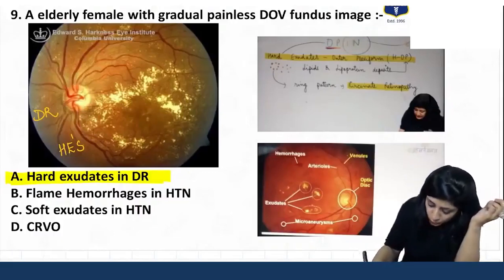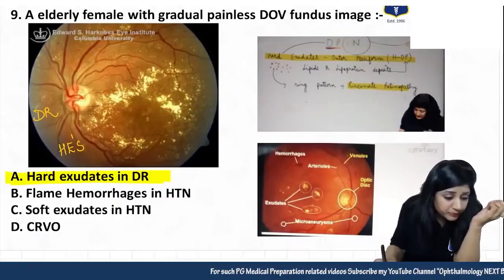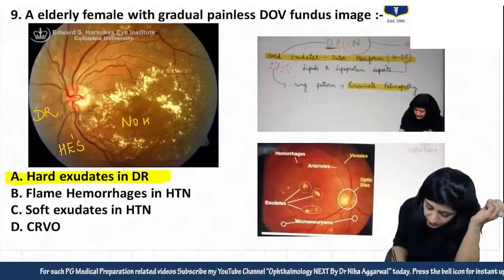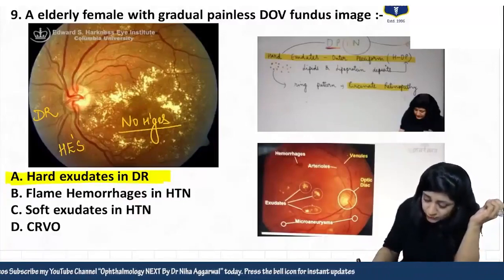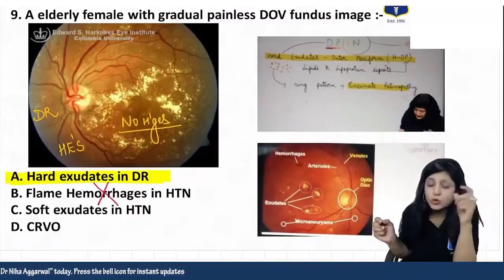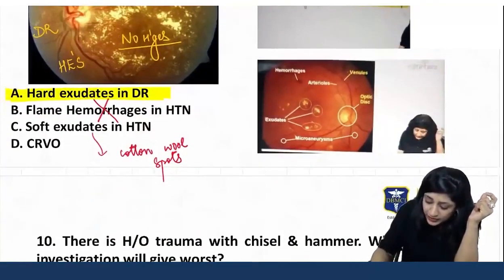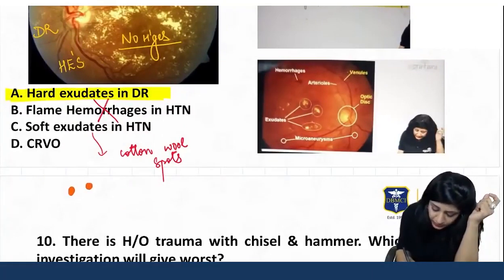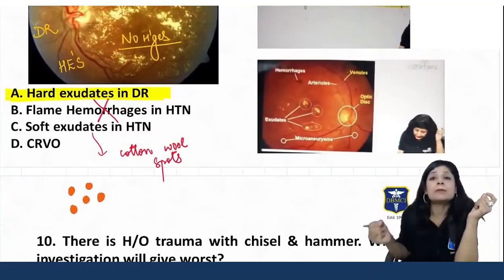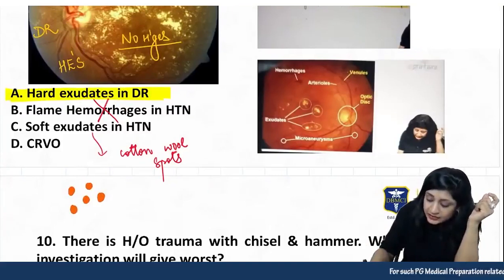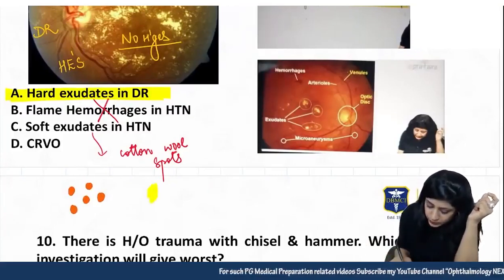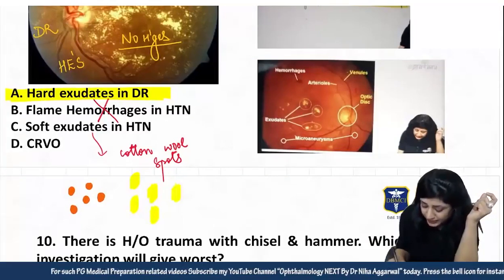There are no hemorrhages here. If you see, there are no hemorrhages, so obviously it cannot be hypertension. Look at the size of the exudates. Soft exudates are called cotton wool spots, and cotton wool spots are actually larger. If you look at the hard exudates, they are smaller and darker, because these are lipid deposits. But cotton wool spots are large, fluffy, lacy.